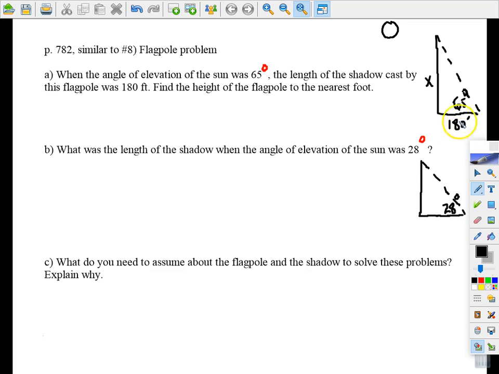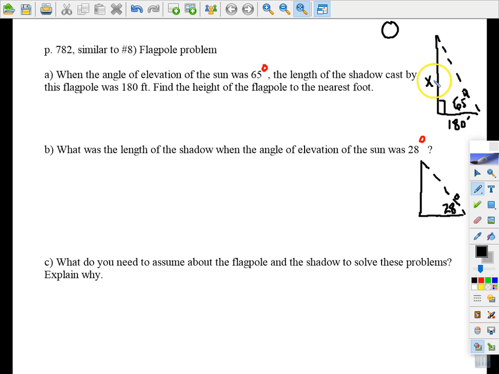So let's think about a trig ratio that will, of course here we're assuming is a right angle. Let's think about a trig ratio that would involve the opposite side, because that's what I'm looking for, and the adjacent side, because I'm given the angle 65 degrees, so this is where I'm looking out from.